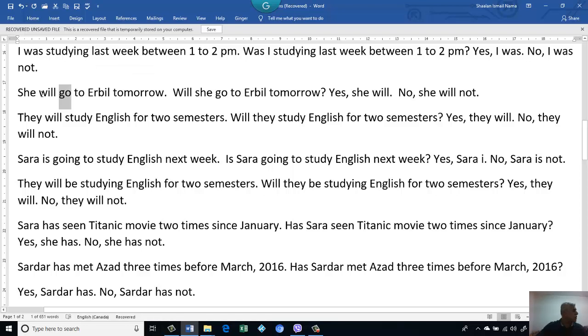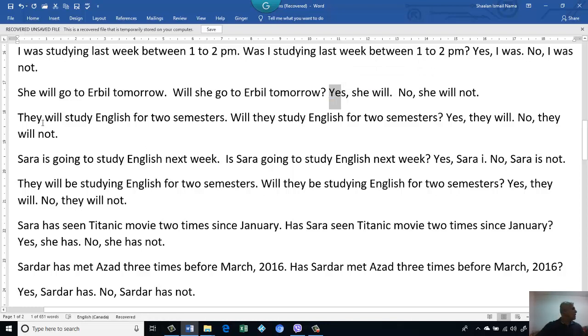If we make this one a short answer question, same thing, we take this auxiliary verb and put it in front of the subject. Will she go to Erbil tomorrow? Then we answer it: yes, she will, or no, she will not.